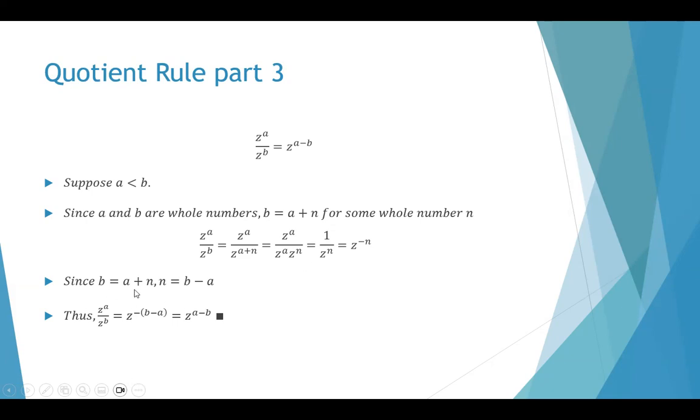Since b is equal to a plus n, n must be equal to b minus a. Thus, z to the a over z to the b is equal to z to the negative b minus a. All I did was factor it, right? So I could have it reversed so I can put a minus b. So z to the negative quantity of b minus a is equivalent to z to the a minus b.